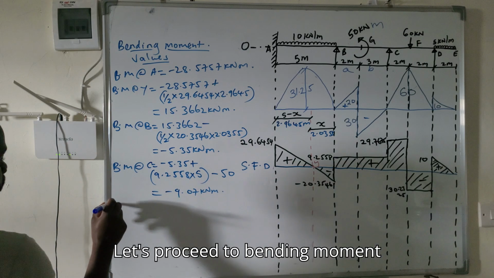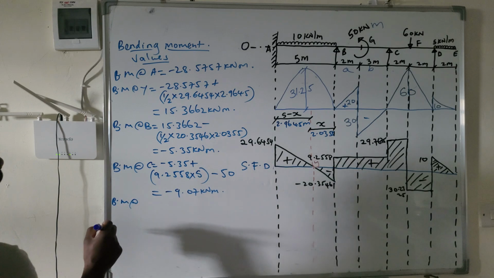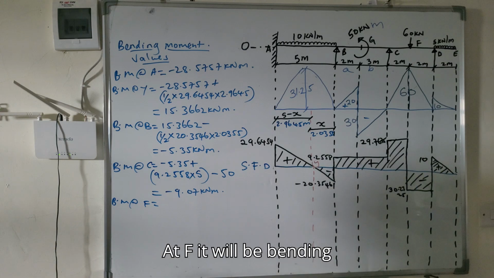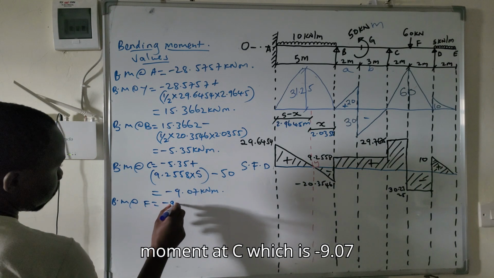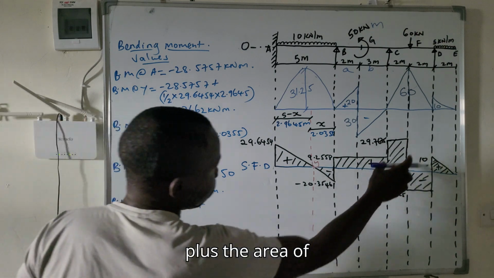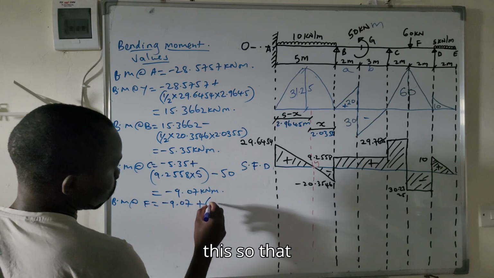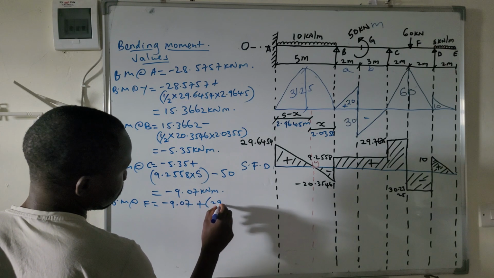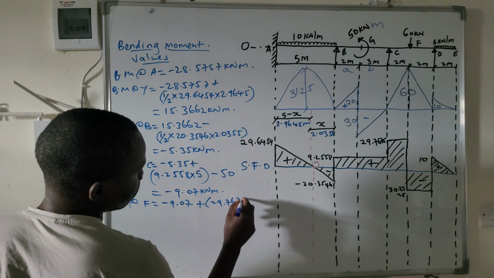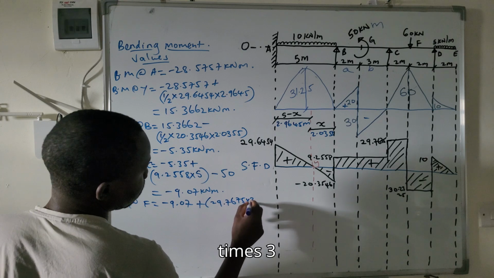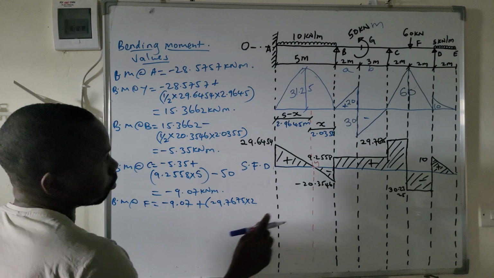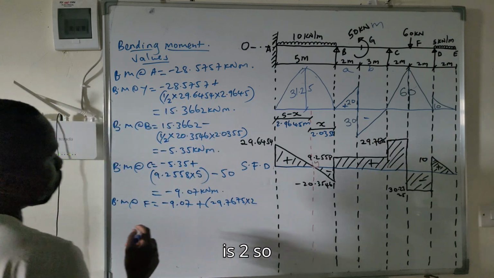Let's proceed to bending moment at F. At F will be bending moment at C, which is negative 9.07, plus the area of this. So that is 29.7675 times 3. No, times 2, because this distance from here to here is 2.